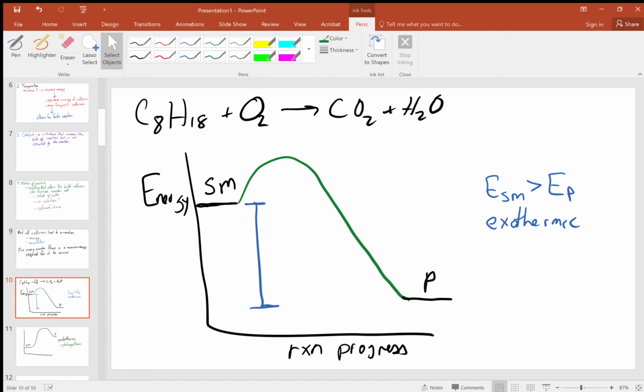But back to our exothermic reaction. We do have that the energy of the starting materials is greater than the energy of the products. But before we did that, we actually went up in energy, as designated by this red line. And so this is known as the activation energy.